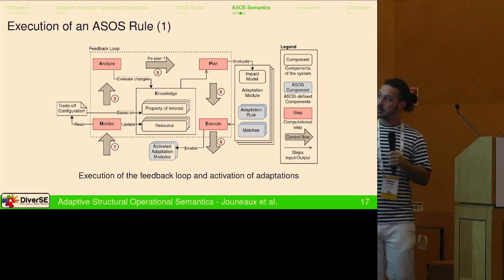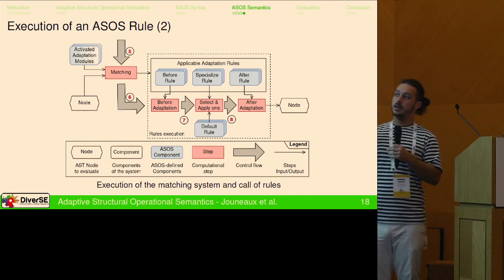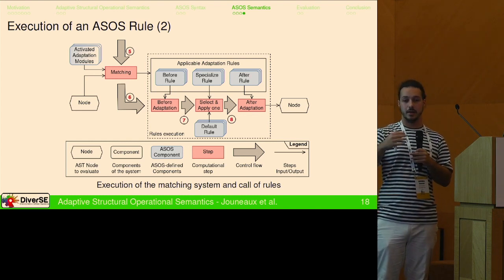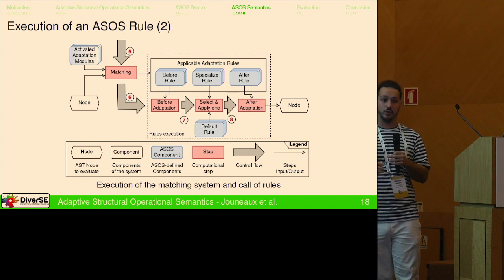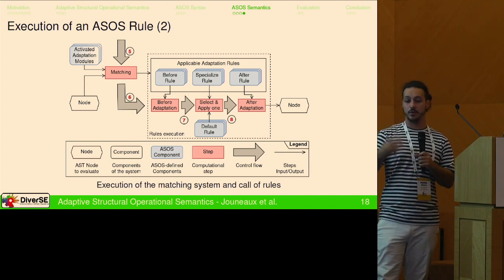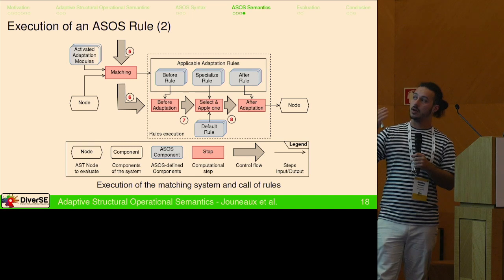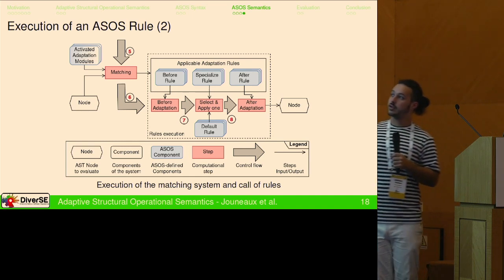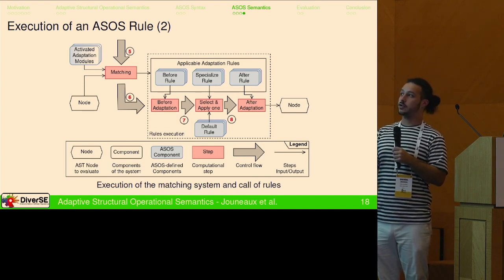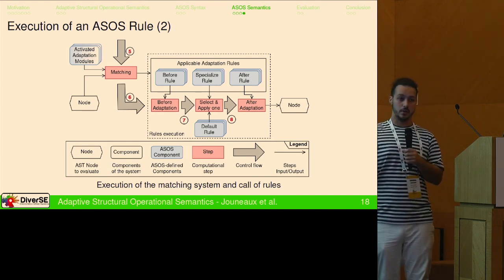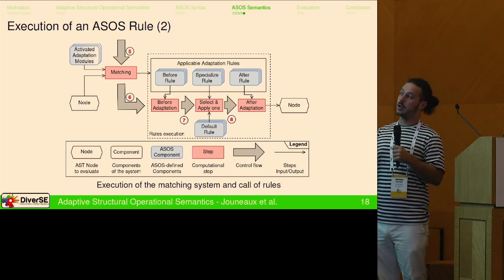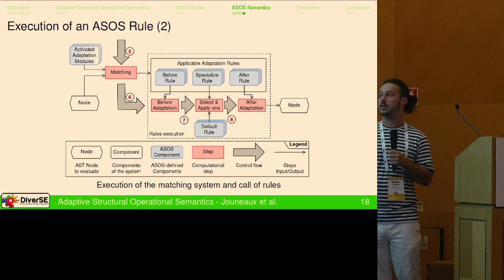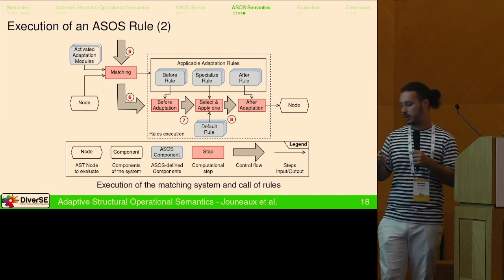Based on that, you have the second part of the process, which is matching those activated adaptation modules to the current node to see if the node matches those adaptations, to sort out the applicable adaptation rules. Then we check if the rule exists and call the adaptation rules one after another, and select in the case of specialize, because we replace rather than just add a new rule.